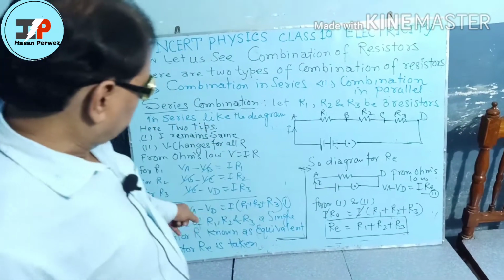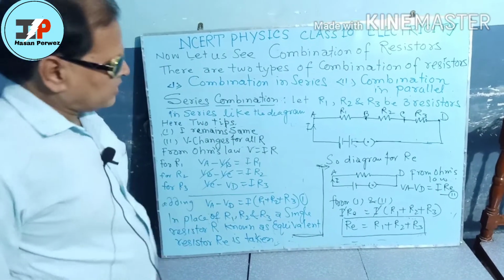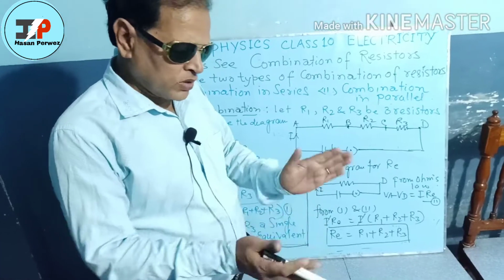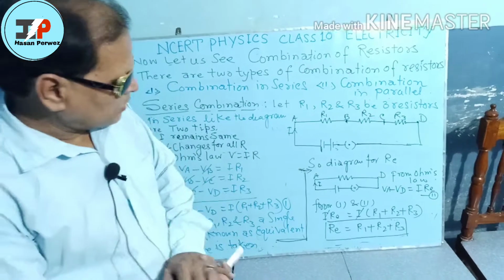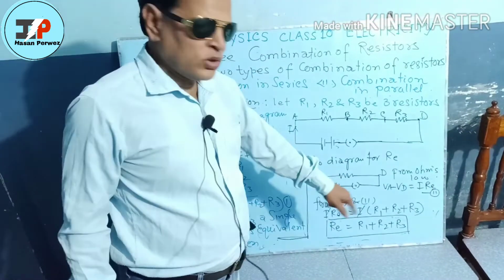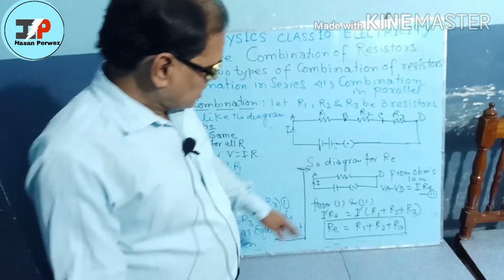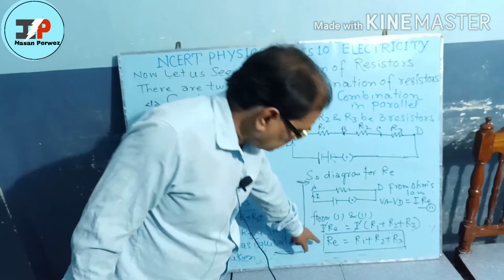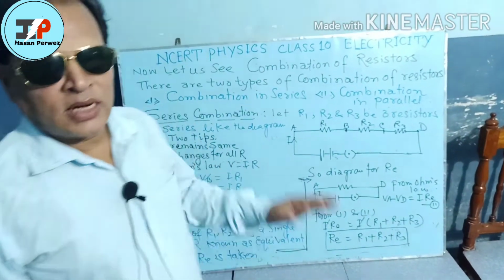So from 1 and 2, the left hand sides of 1 and 2 are equal. Therefore, the right hand sides of both equations are equal. IRe is equal to I into R1 plus R2 plus R3. I gets cancelled. We are left with Re is equal to R1 plus R2 plus R3.